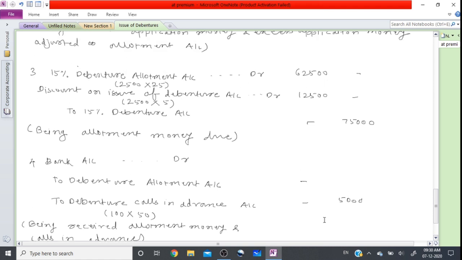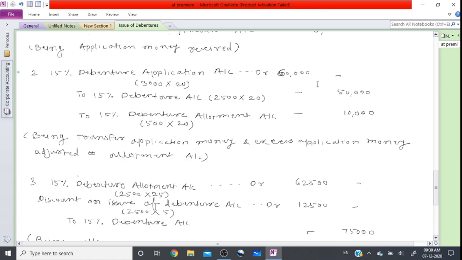See here, debenture allotment due money is 62,500, but here the excess money we have adjusted to the allotment account, so that 10,000 we have to deduct from 62,500.